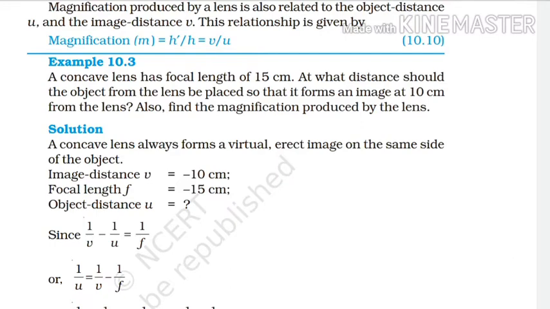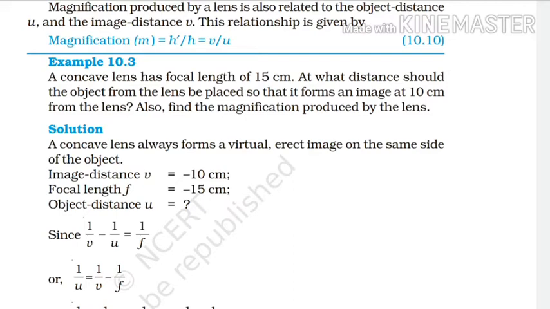If you take the first example 10.3, the question is: a concave lens has a focal length of 15 centimeter. At what distance should the object be placed from the lens so that it forms an image at 10 centimeter from the lens? Also find the magnification produced by the lens.